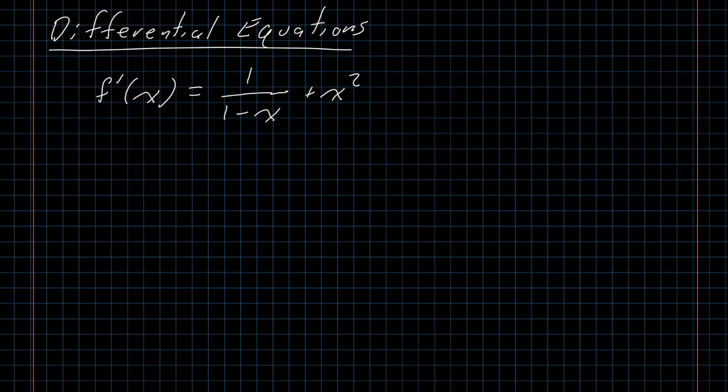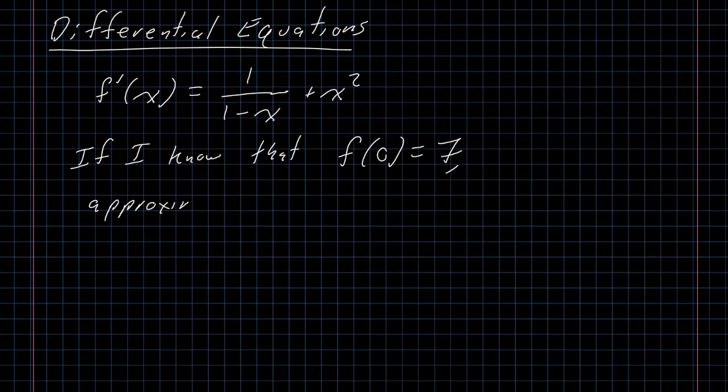If I want to know something about this, if I know that f of 0 is equal to 7, I can use that to approximate f of 0.125.